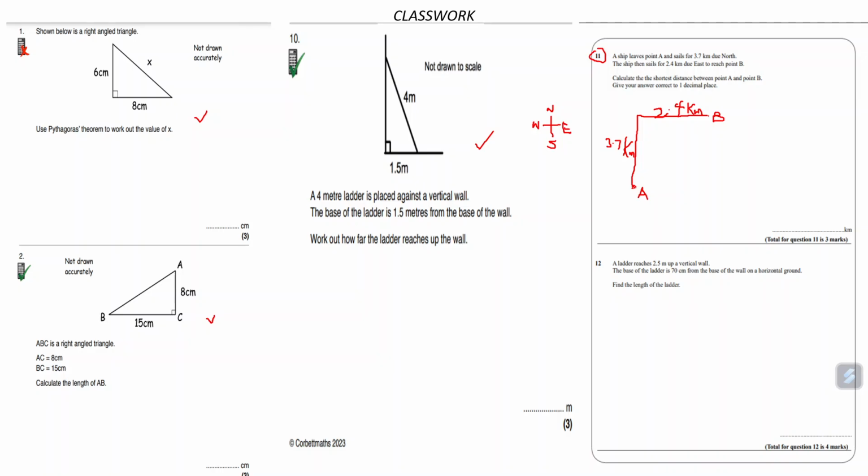So the shortest distance will go from here to here. Invariably you can see we formed a right angle. So this will be the longest side. Let's call the missing value y.